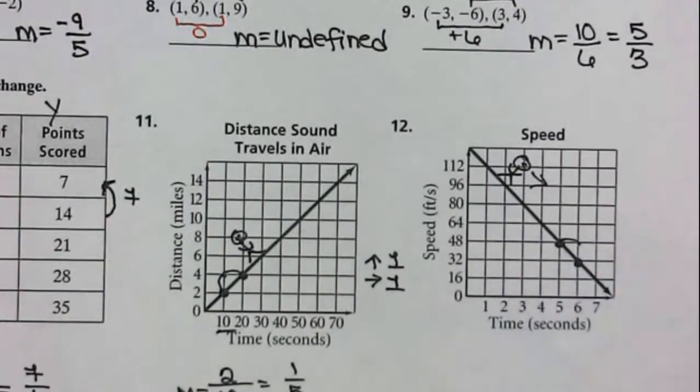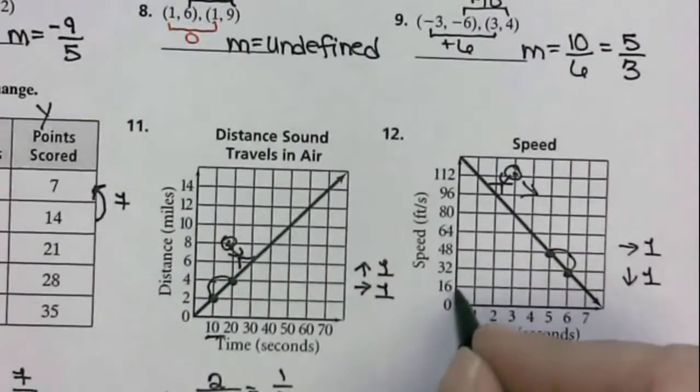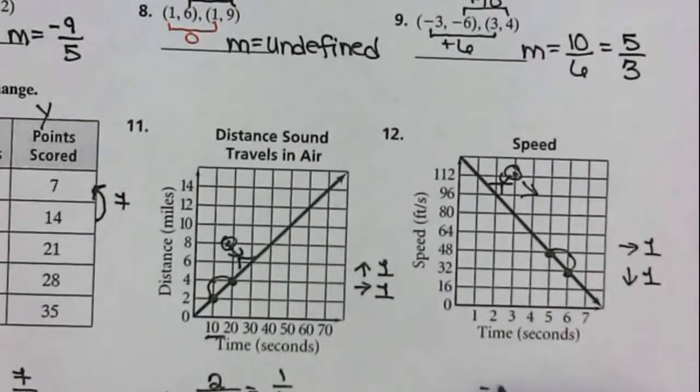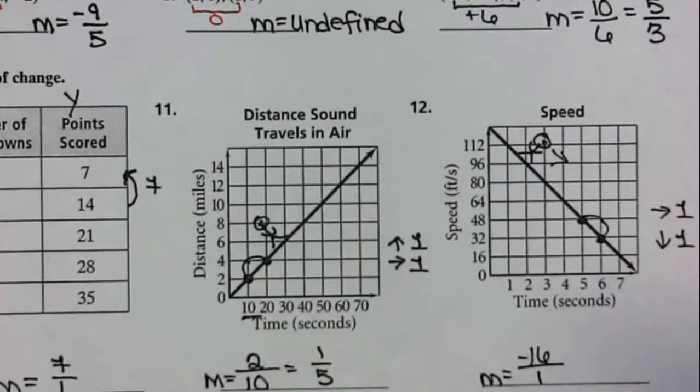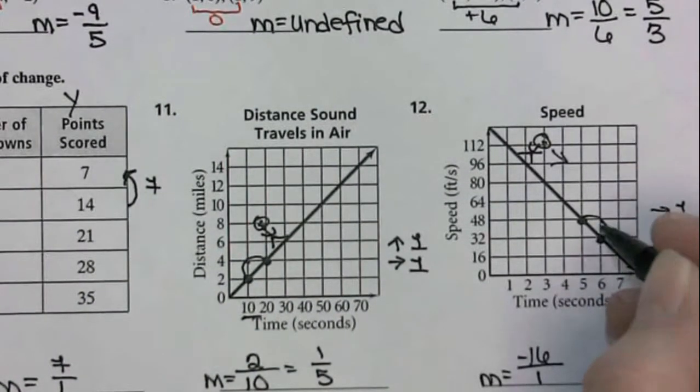I'm going to the right 1 and down 1. So going down 1 is actually a -16, and going to the right 1 is a +1. So down to the right.